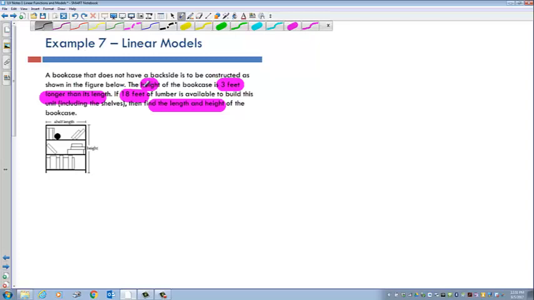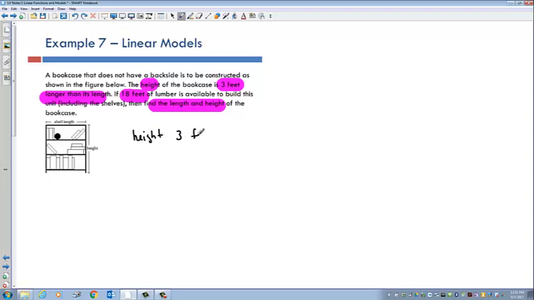So here, let's write down some of the information. The height of the bookcase is 3 feet longer than its length. So let's just write down the height. Sort of paraphrase this, is 3 feet longer than the length, because we'll need that information probably. And then if there's 18 feet of lumber, so this is all part of my picture.